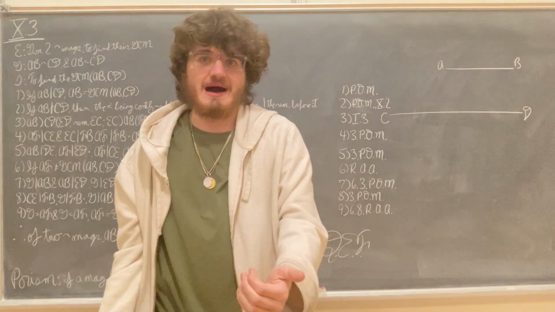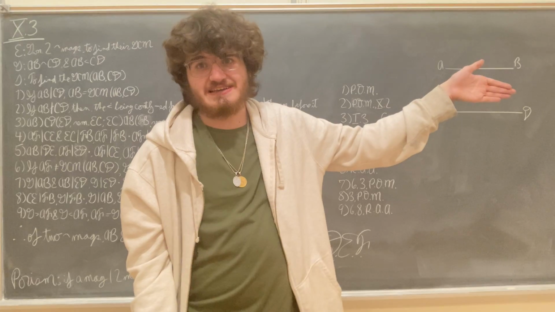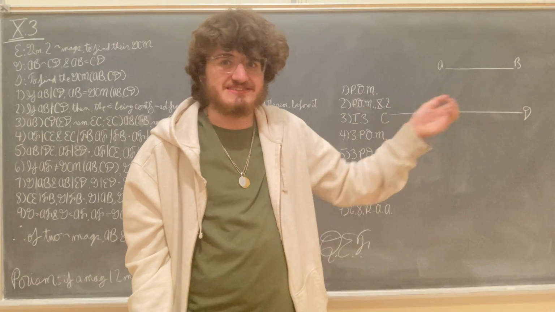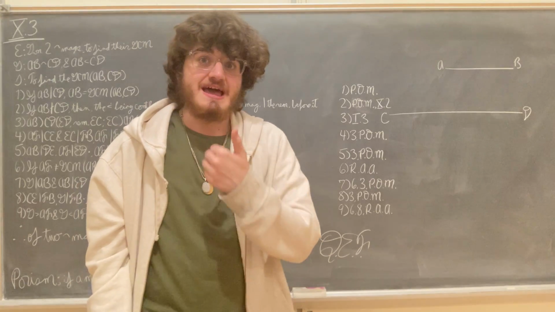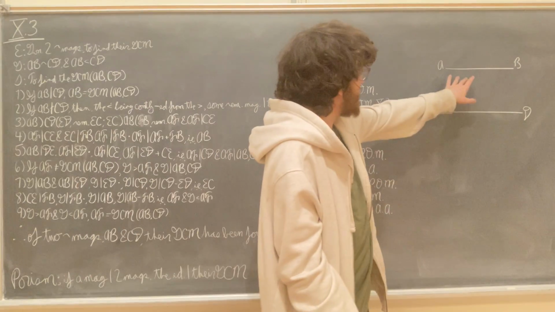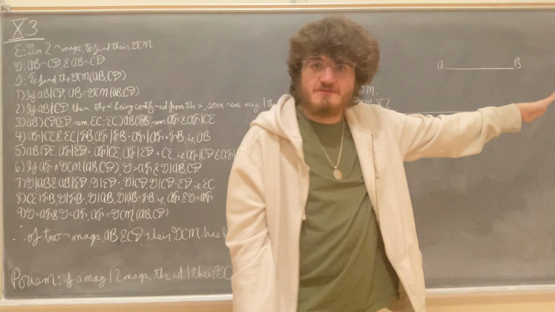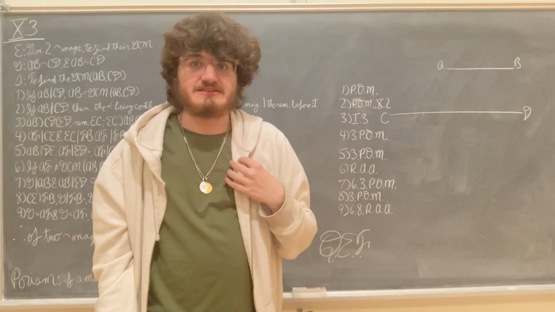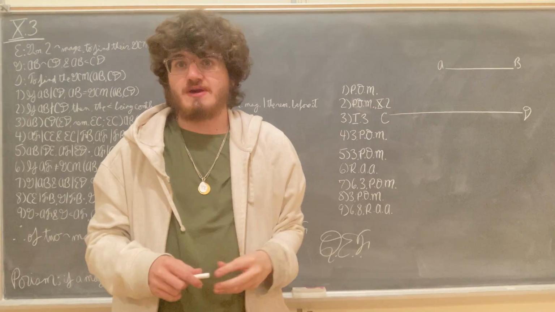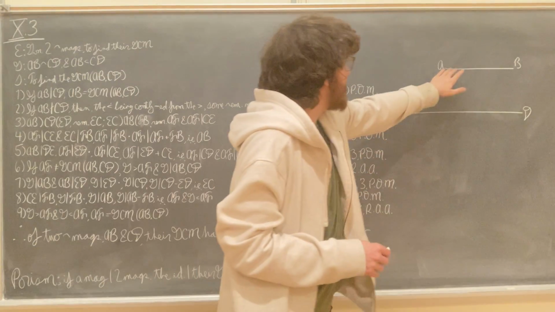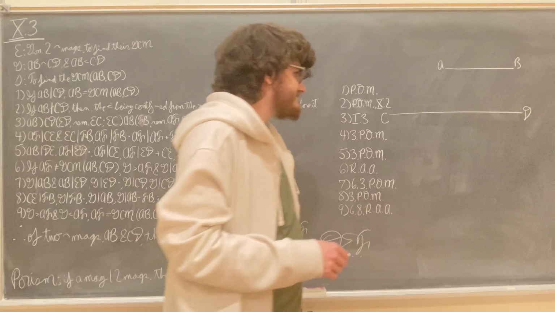It's clearly a common measure because AB measures itself. So if it also measures CD, it is a common measure to both AB and CD. And it's also clear that there will be no greater magnitude which measures AB than AB itself. So AB, if it does measure CD, is immediately the greatest common measure between AB and CD.